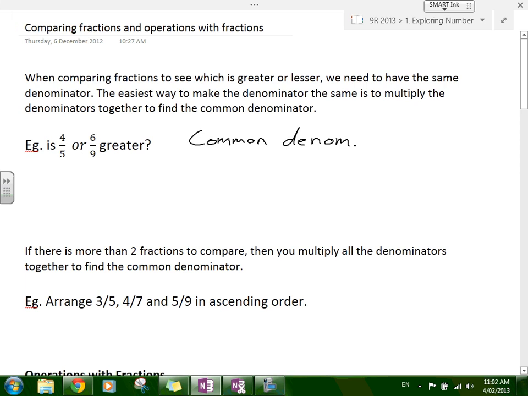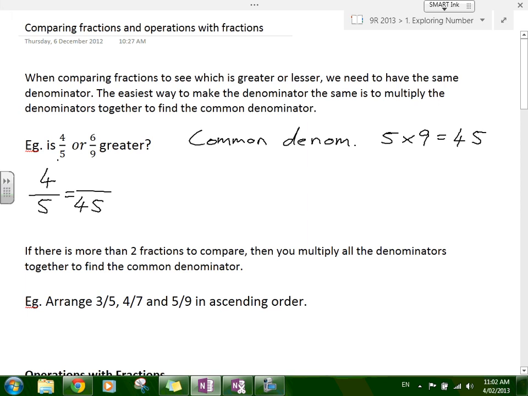You've got 5 and 9, so the easiest way is 5 times 9 equals 45. That's our common denominator, 45. Now I have to change both fractions into fractions with a denominator of 45. So 4 over 5 equals something over 45.